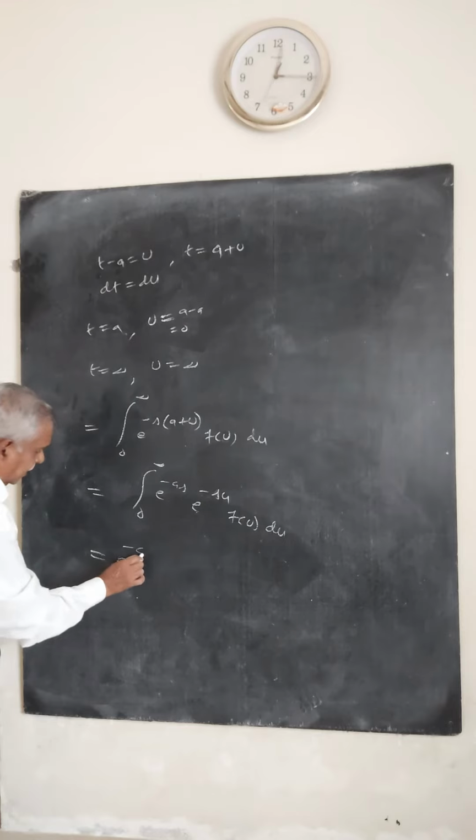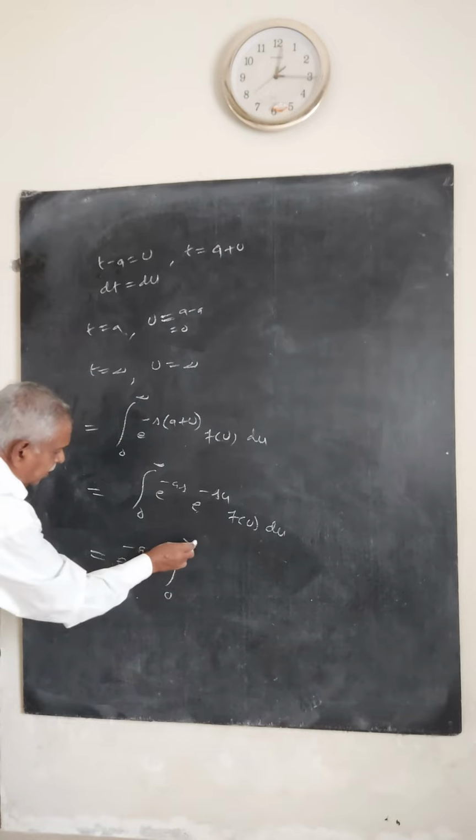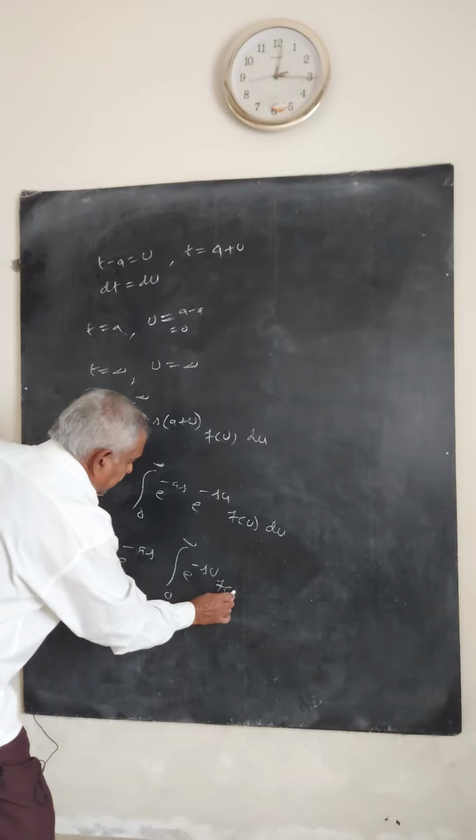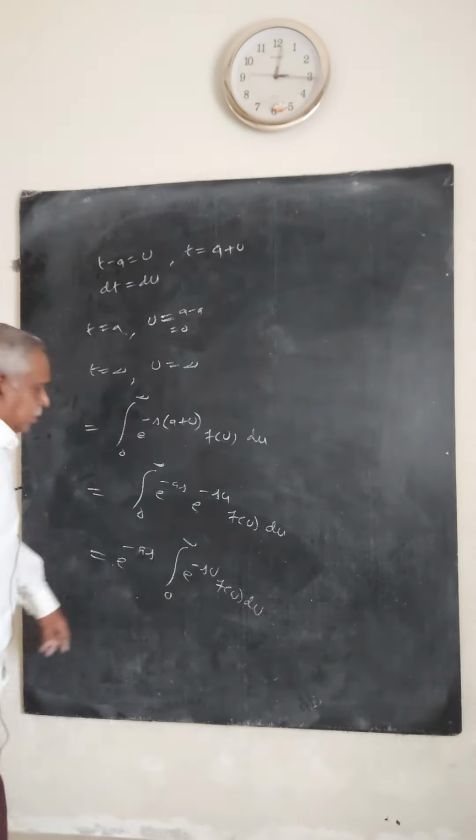E power minus as is taken out, and we have the integral from 0 to infinity of e power minus su f of u du.